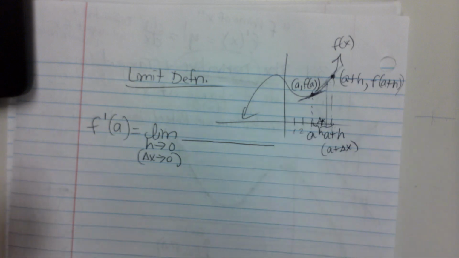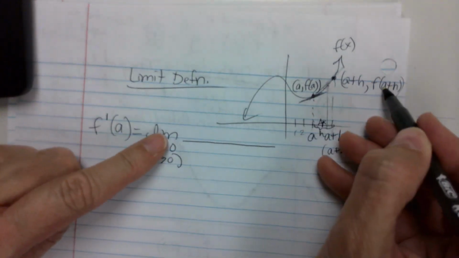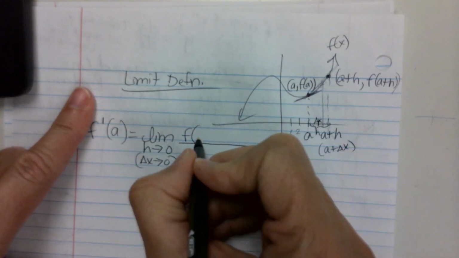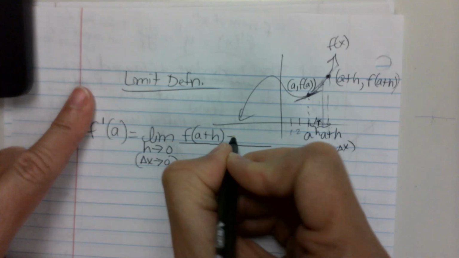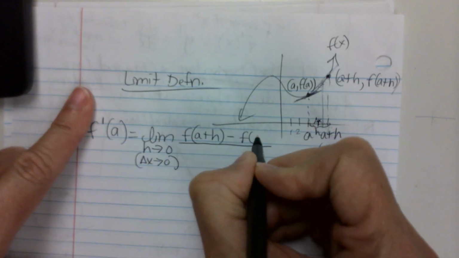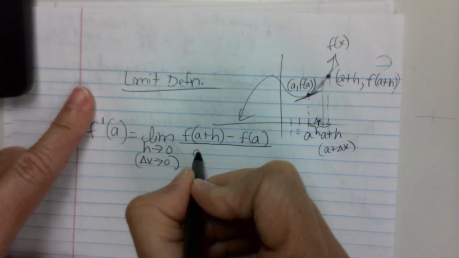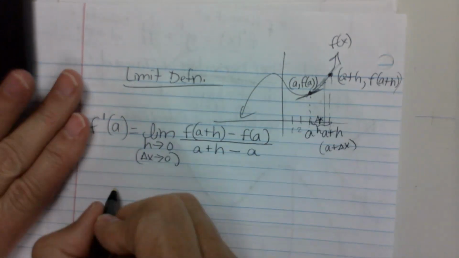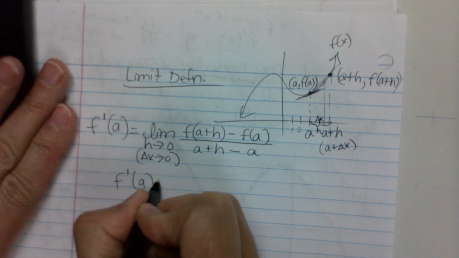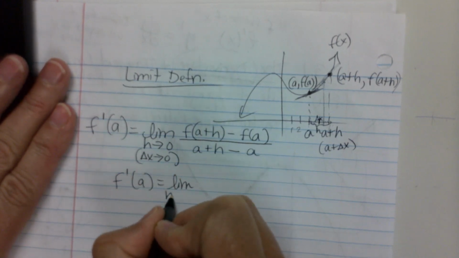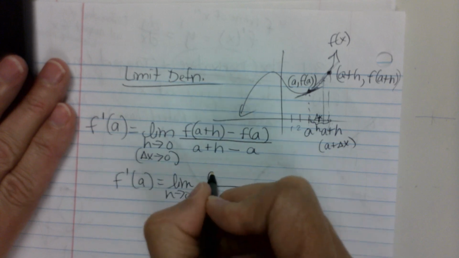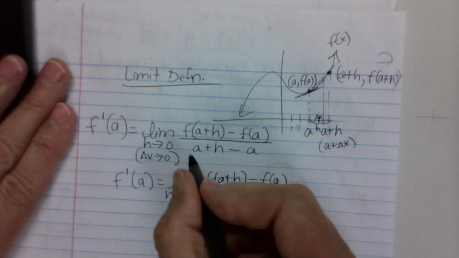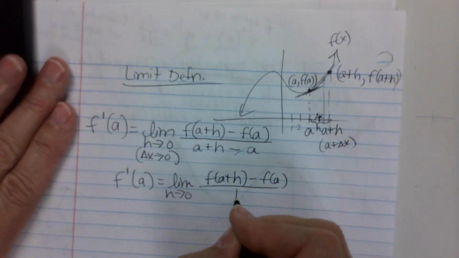All right. So we're still doing a slope. So what's the top? f of a plus h minus f of a, all over a plus h minus a. So what does that turn out to be? f of a plus h minus f of a all over what? h.